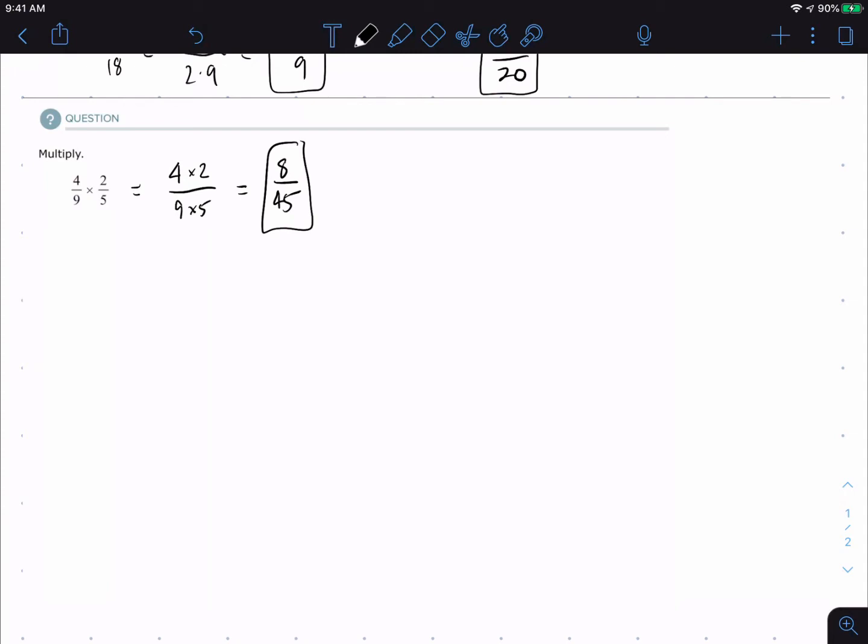That's how easy multiplication of fractions is. Okay, so if I gave you something like 5 over 6 times, I don't know, 7 over, well, I'm going to show you this one. What would this be?